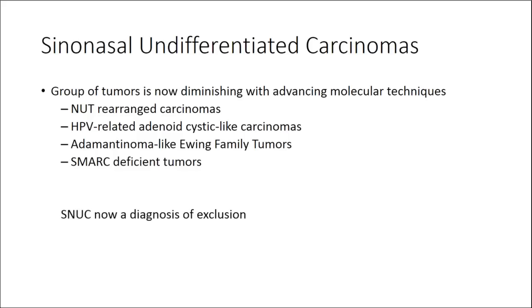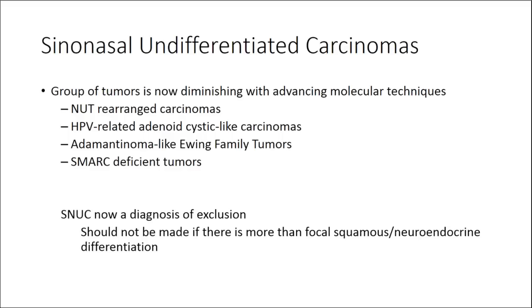So SNUC has now become a diagnosis of exclusion and should not be made if there's a lot of squamous or neuroendocrine differentiation, and should not be made if you have viral proteins. So it's becoming more of a diagnosis of exclusion.